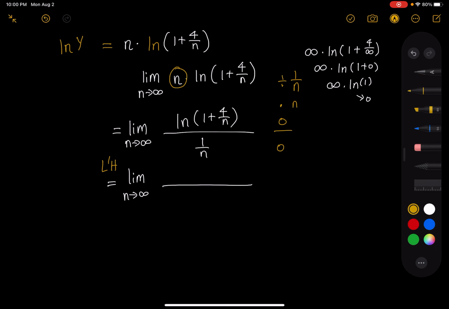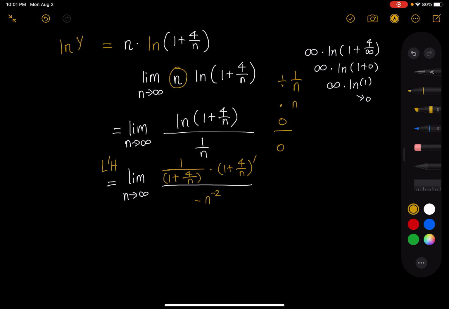So ln will give us 1 over 1 plus 4 over n, so 1 over the inner function, times the derivative of the inner function. Now the bottom is just the power rule, right? n to the negative 1 power, so it's negative n to the negative 2 power.